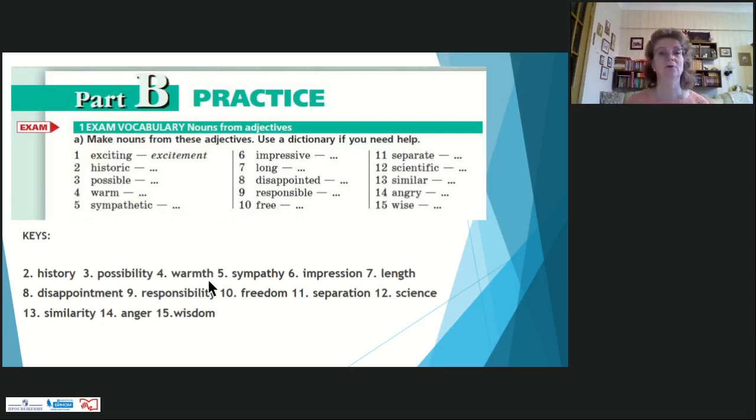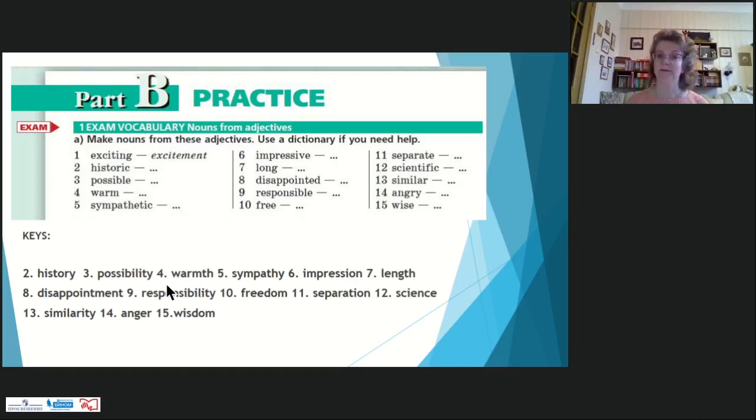Очень часто у существительных, обозначающих физические параметры, добавляется суффикс th. Warmth, length, width. Sympathetic, sympathy. Impressive, impression.